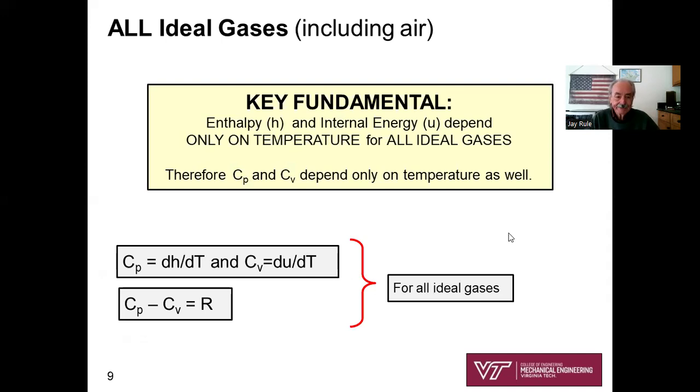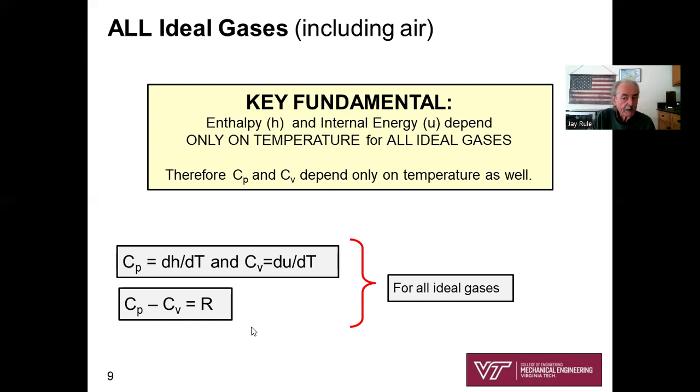For all ideal gases, the enthalpy and the internal energy, H and U, depend only on the temperature of the ideal gas, not on the pressure. So we can simplify that general definition to say Cp for an ideal gas is equal to dh/dT, and also Cv is du/dT. Those are ordinary derivatives.